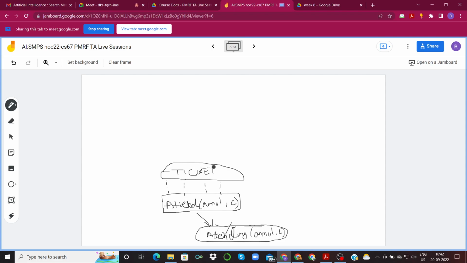Now, in order to have this ticket, the relevant action has to be taken. Let's say book a ticket has to be taken. Then for book a ticket, again some preconditions will be there, and so on and so forth. We can continue and finally reach the given initial state.